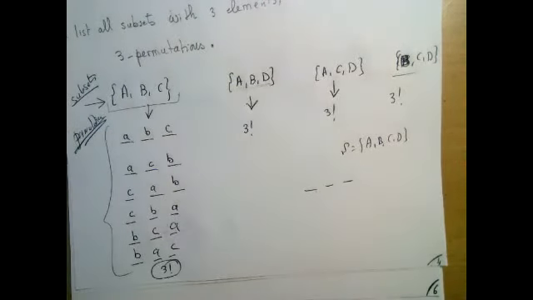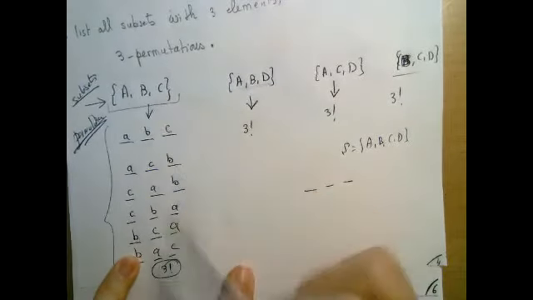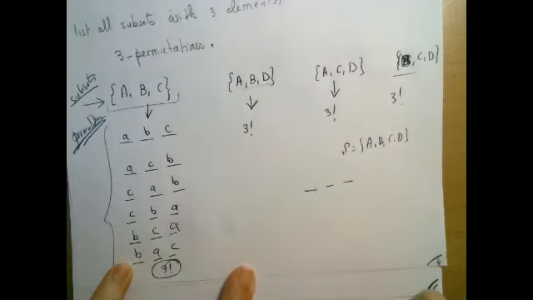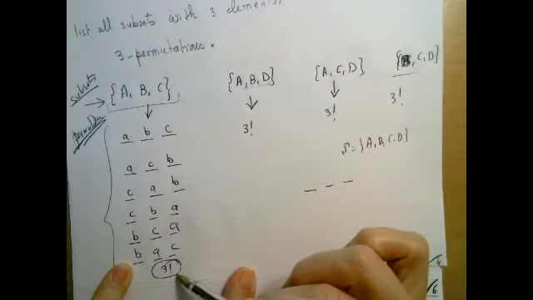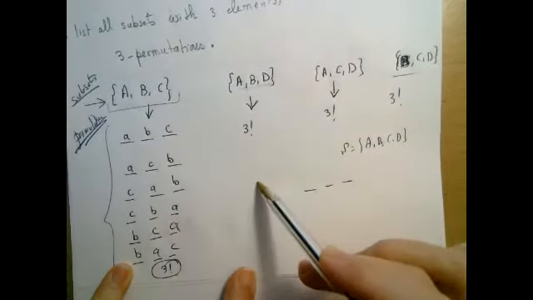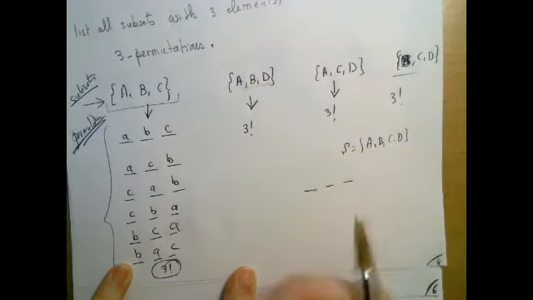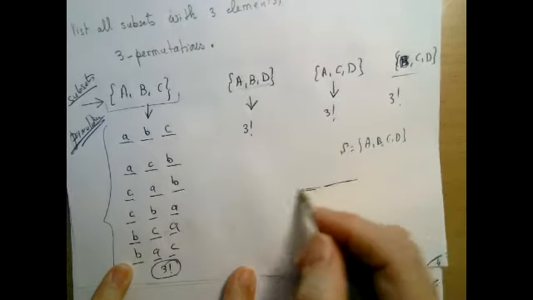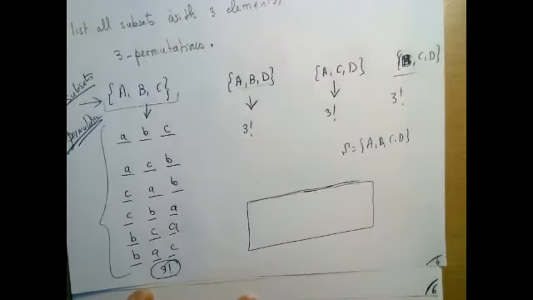What does it mean? What's the relationship now between the number of subsets and the number of permutations? To every subset, there are 3 factorial permutations. So what kind of relationship exists between the number of permutations and the number of subsets?